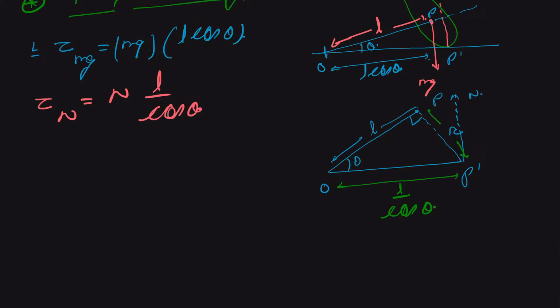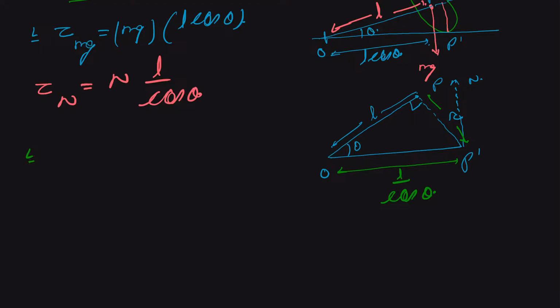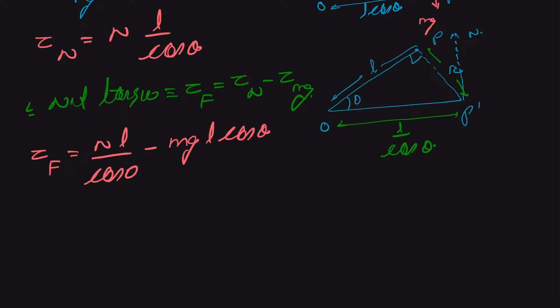We have two forces, both producing torque in opposite directions, clockwise and counterclockwise. Therefore, our net torque due to the forces will be equal to normal minus mg, and substituting the values, we get torque due to forces equal to NL cos of theta minus mgL cos of theta.